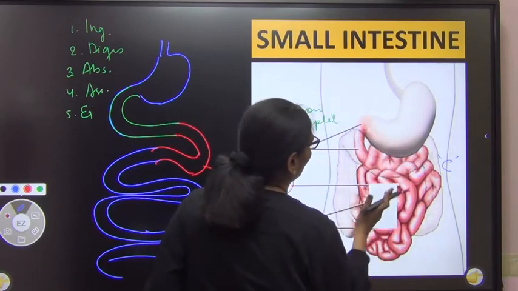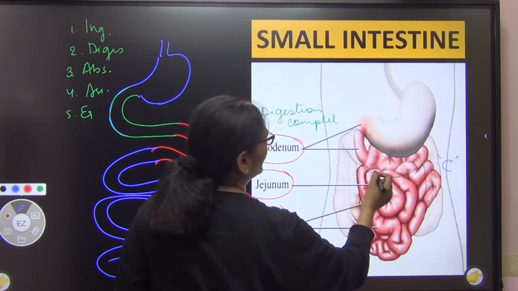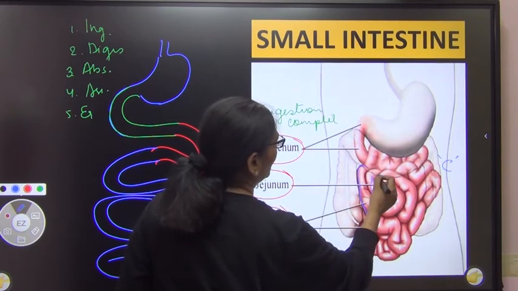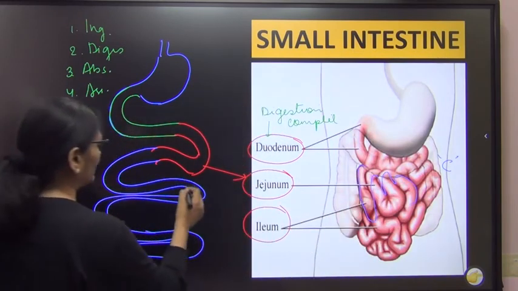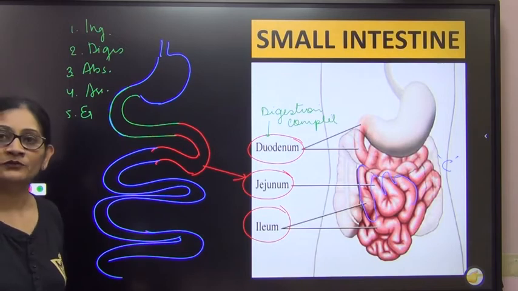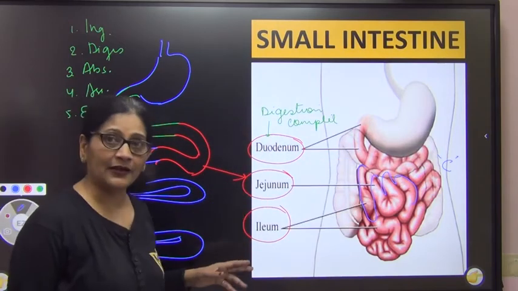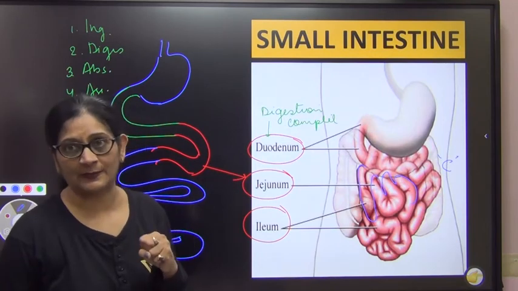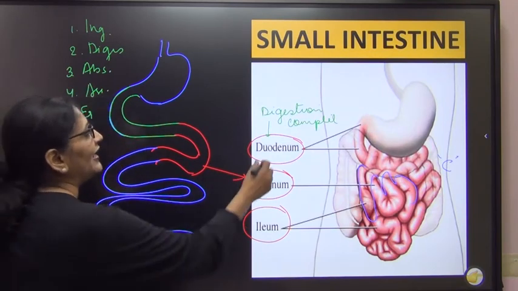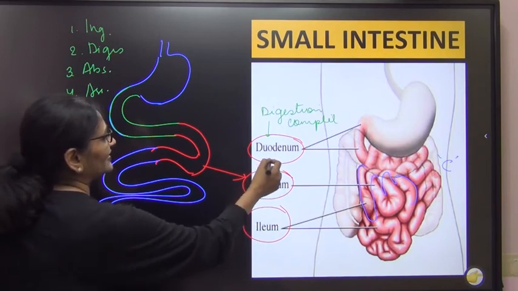Let me remove the duodenum; this is your duodenum and then the jejunum. After this, the heavily coiled part you see is called the ileum. So digestion completes in the duodenum, and in the ileum absorption of food takes place, and jejunum just connects the two.